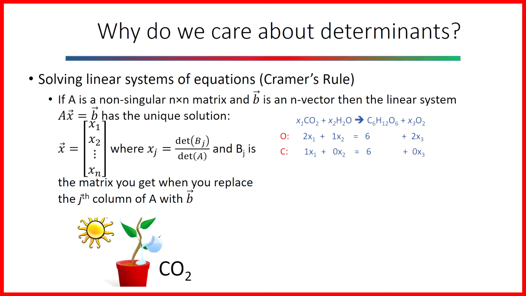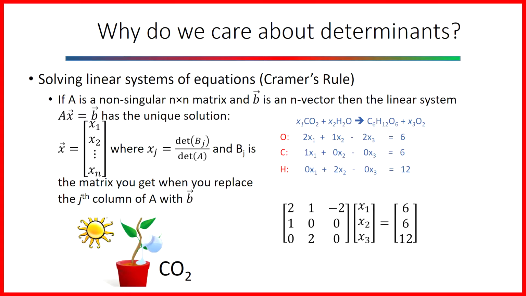For carbon, 1 times x1 plus 0 times x2 must equal 6 plus 0 times x3, and for hydrogen, 0 times x1 plus 2 times x2 must be equal to 12 plus 0 times x3. Now, if we simply move the x3 terms to the left side of all equations, we've got a nice system of equations that we can convert into a matrix equation and write out as Cramer's rule dictates.